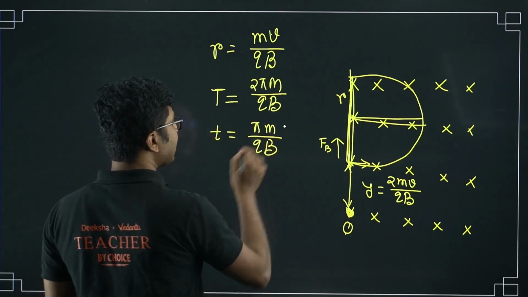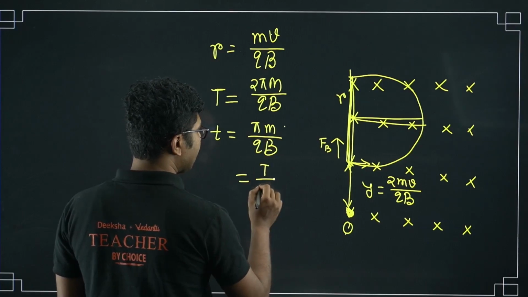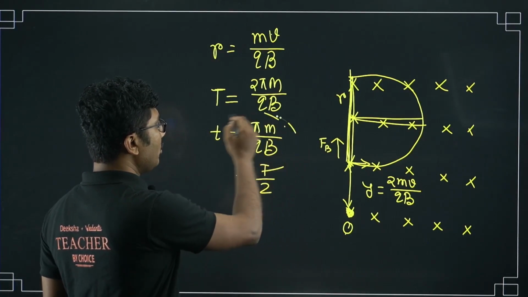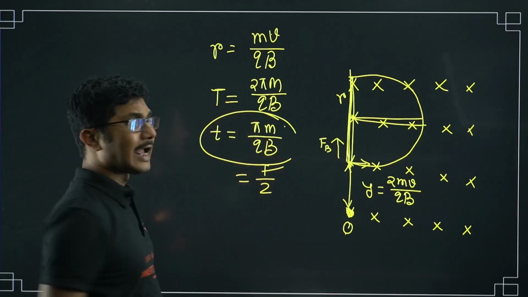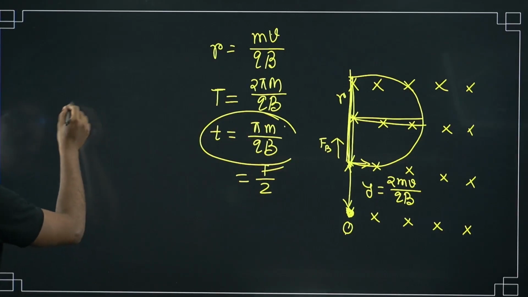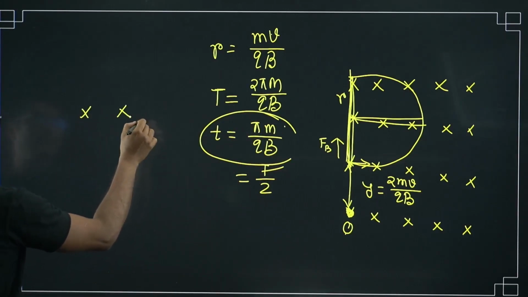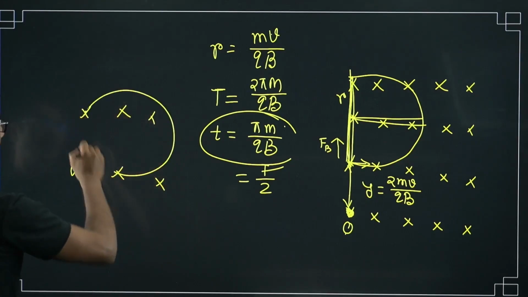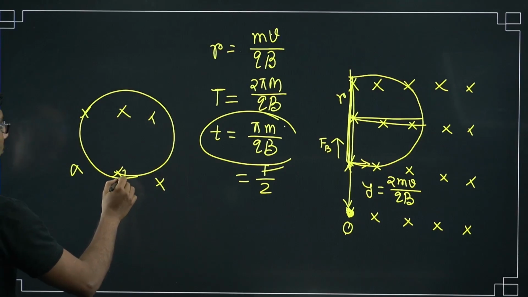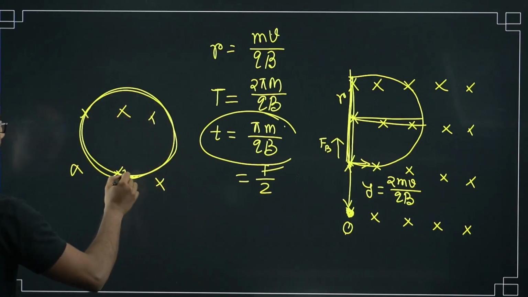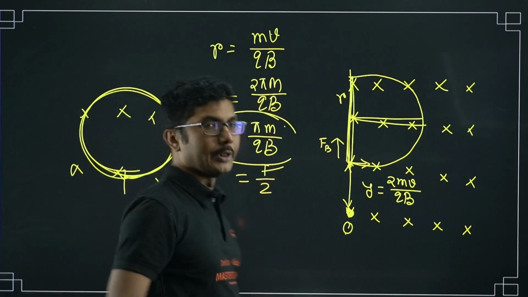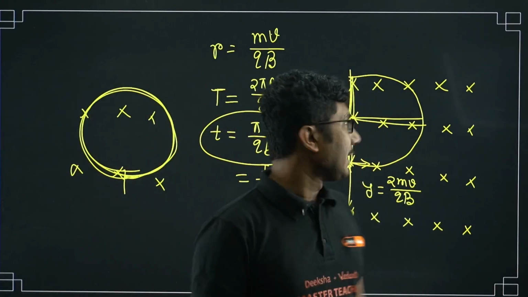So this time is basically T by 2. What is the meaning of T? Time period T. If there is a magnetic field and a particle moving in a circular path, then the time to complete one complete circular motion is 2 pi m by qB.